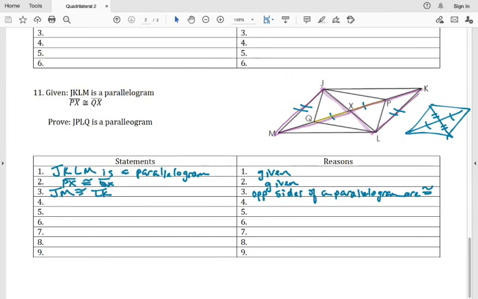I also know vertical angles are congruent. So this angle right here is congruent to this angle right here. I need to show that in my proof. So angle JXM is congruent to angle LXK, and that's because vertical angles are congruent.